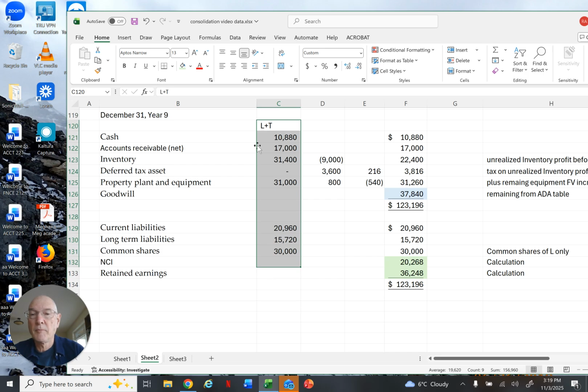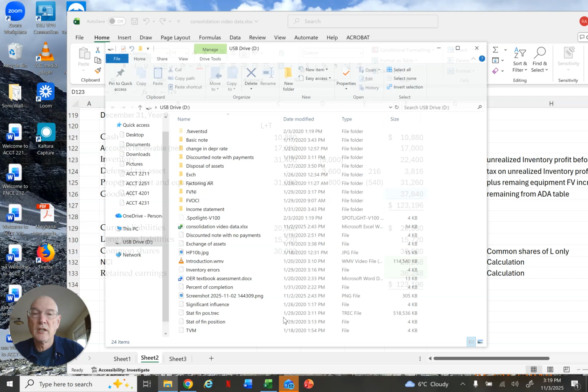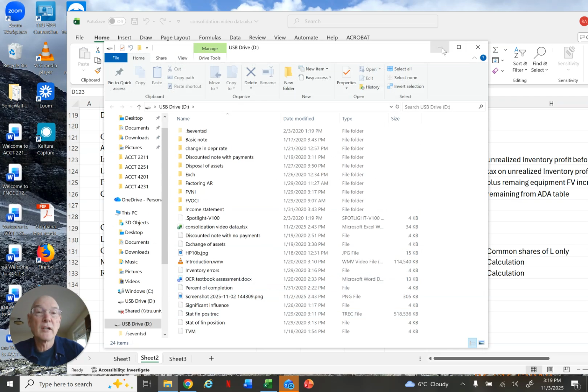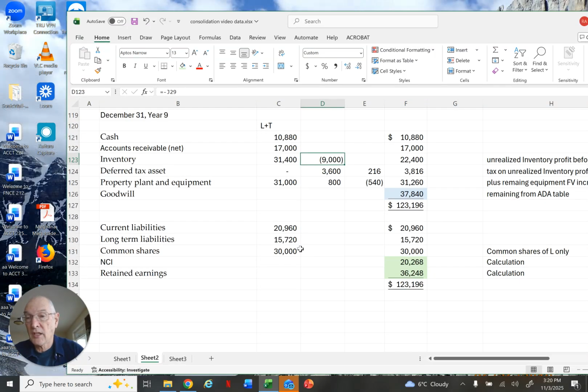So first of all, we have the change for $9,000. So this I don't know how that got there. Excuse me. That minus $9,000 for inventory is the before tax amount of unrealized inventory profit.